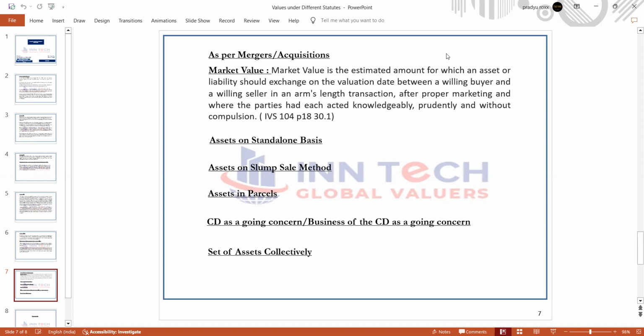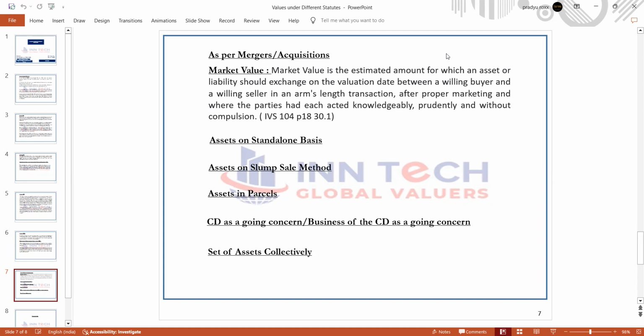debtor. So here our concern as a registered valuer is to see how we maximize the value. See, it's not just a question of giving a value. If you sell the assets as a going concern, are you able to maximize the value for the corporate debtor?